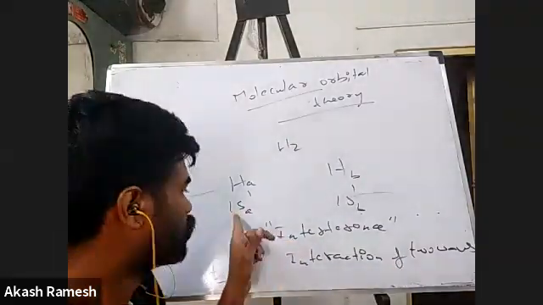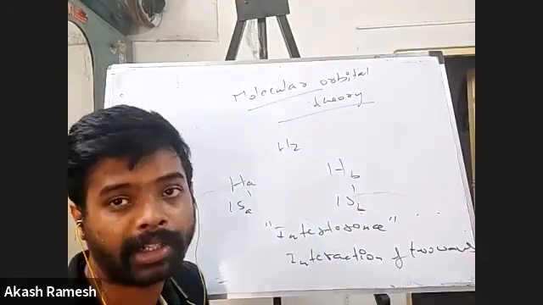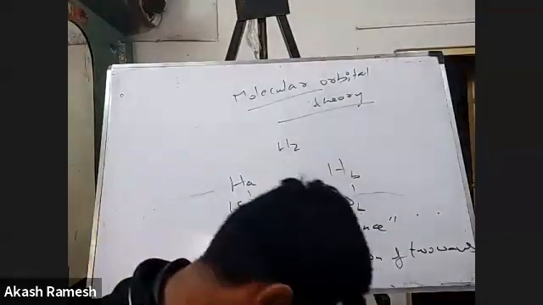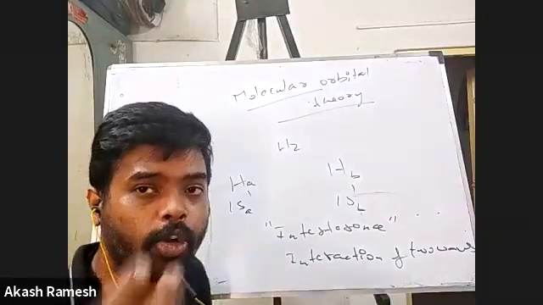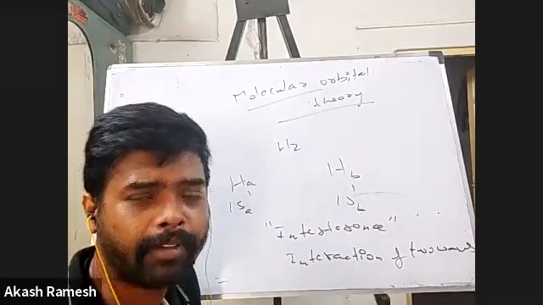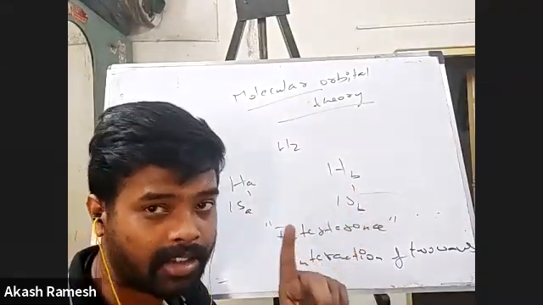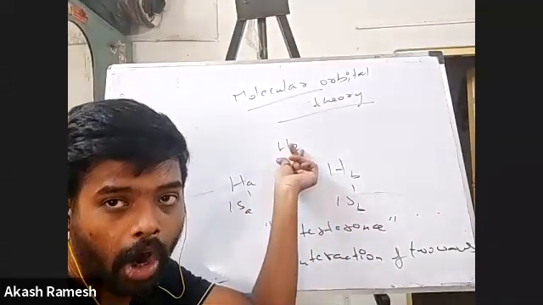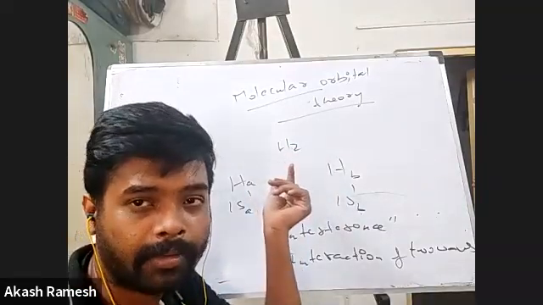Which two waves? A's wave and B's wave are going to interfere, that is, interact, and form a new wave. Two waves combine together to form a new wave, and that wave will correspond to another orbital. In this case it is not a pure atomic orbital, it is going to be called a molecular orbital for H2. That's what I'm saying. Did you understand?